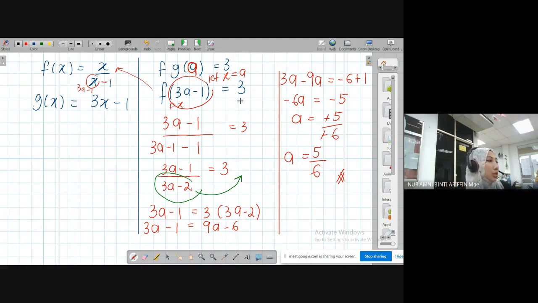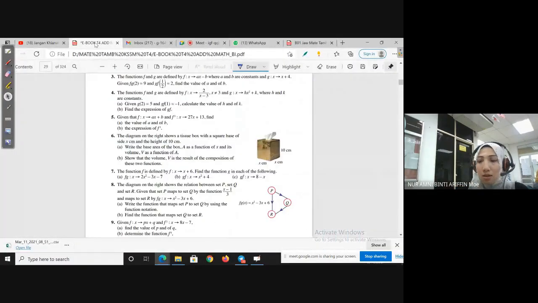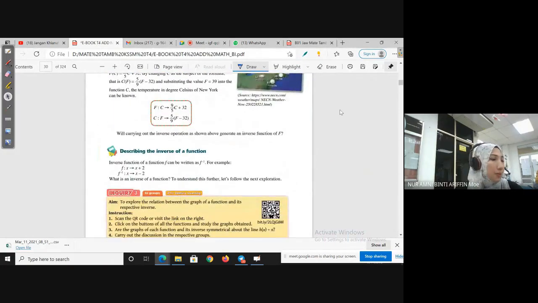Okay, so we go to the new subtopic which is inverse function. Okay, boleh. Okay, so for inverse function, the inverse function ni inverse lah.